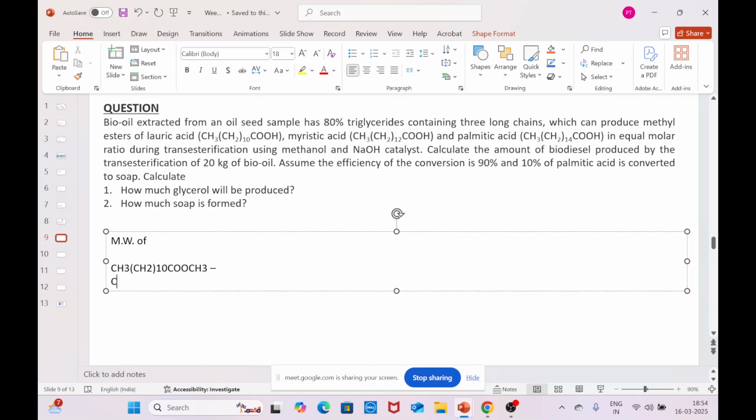This is the first one, for lauric acid. Then you have myristic acid. Since it is a methyl ester, we write it as CH3. Then you have palmitic acid. So what is the molecular weight? Let me use my personal calculator.